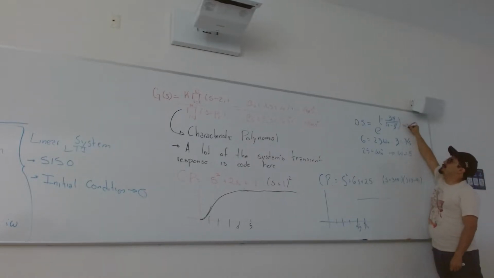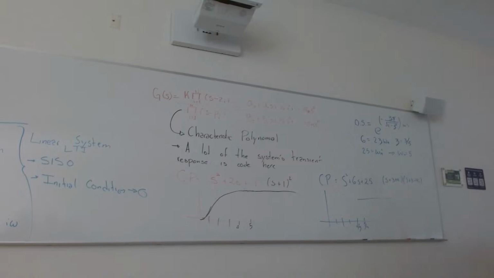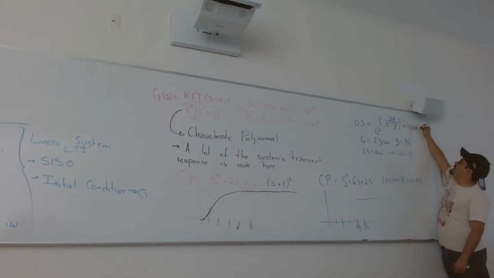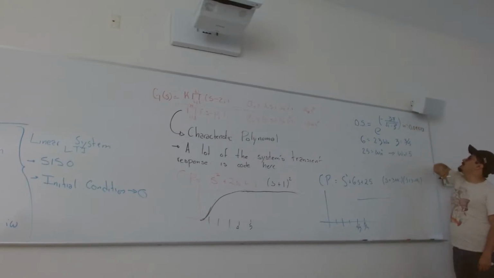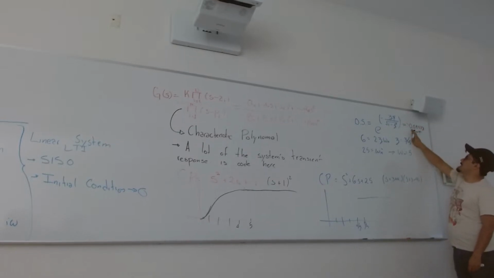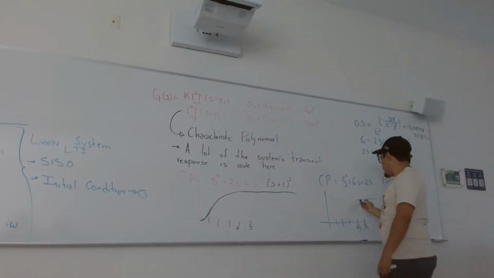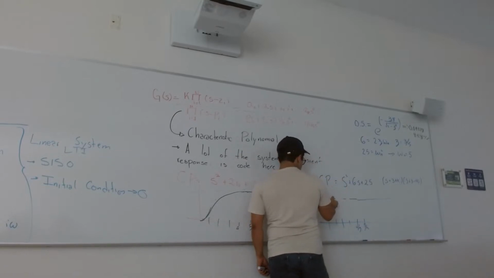I can do that method. From this guy it is 0.0947, so this will imply 9.478%. Okay? So, if this is my convergence value, this is the 100%, right?